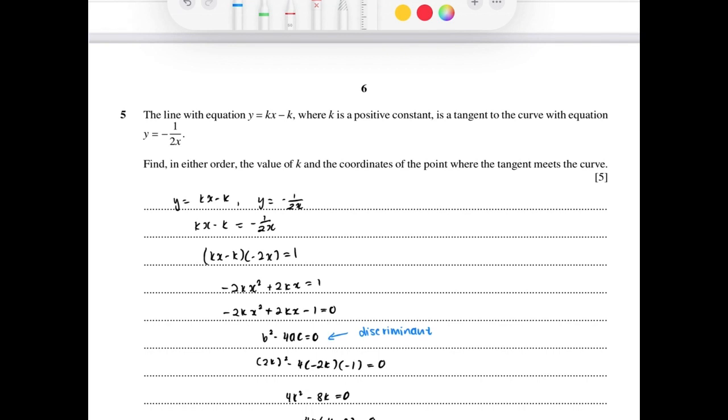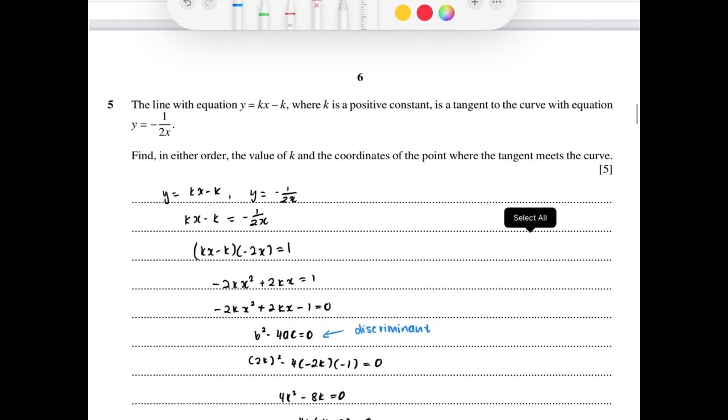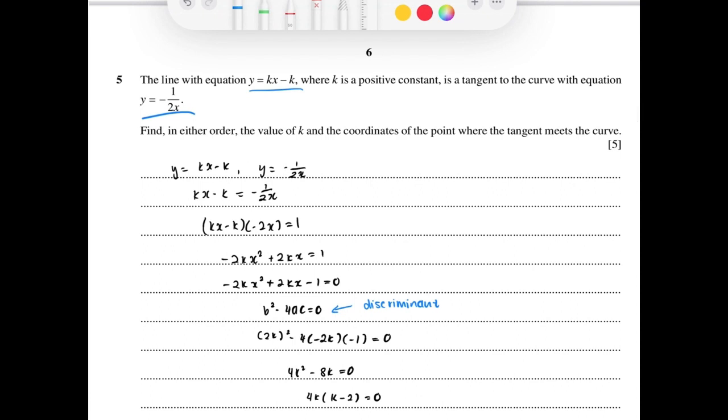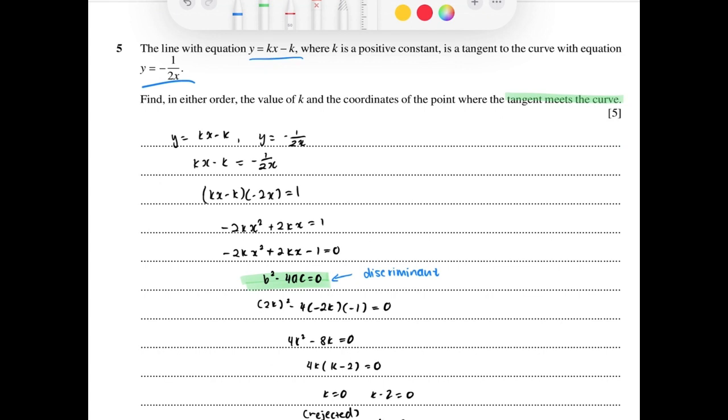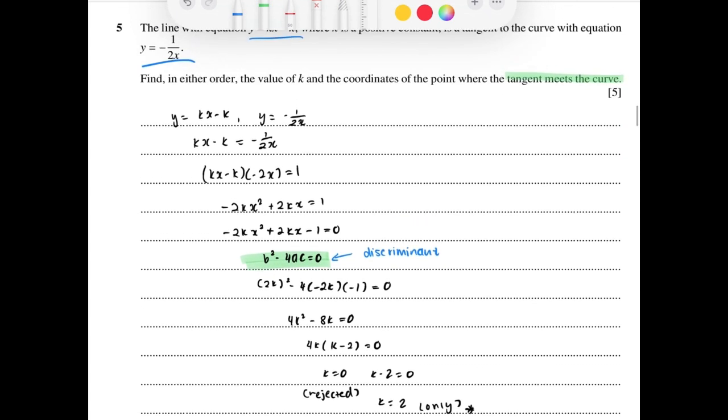So in question 5, we are asked to find the value of k and the coordinates of the point where the tangent meets the curve. So we have the line with the equation, we have the tangent equation, and when it comes to these kinds of questions, you already see tangent meets the curve. Very familiar, b² - 4ac, you need to use that, that's your discriminant.